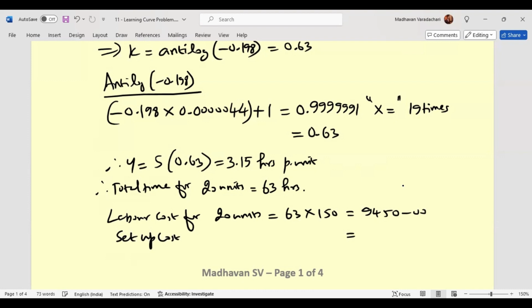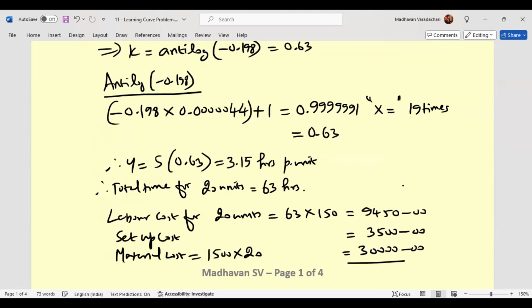That is 3,500. Then material cost is given as 1,500 per unit into 20 units. That will give us 30,000. Together, if I add, we will get 42,950.